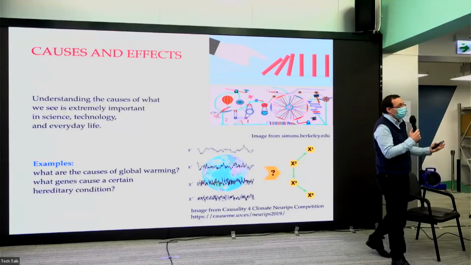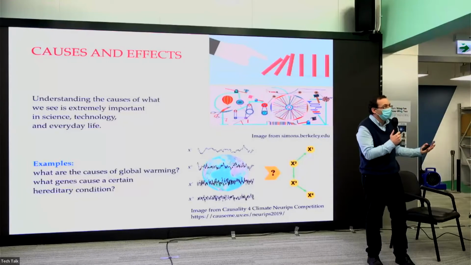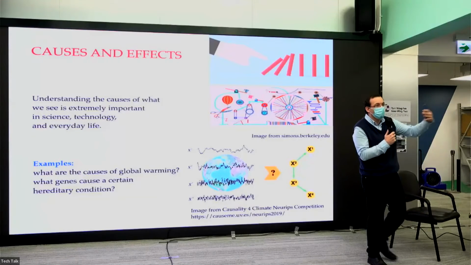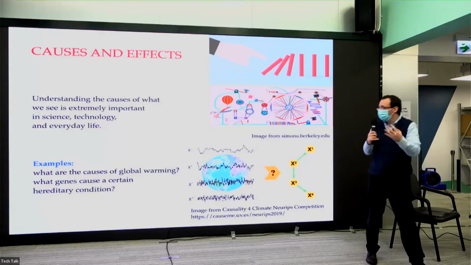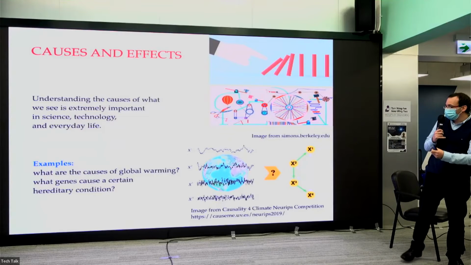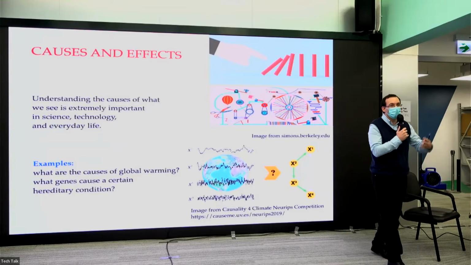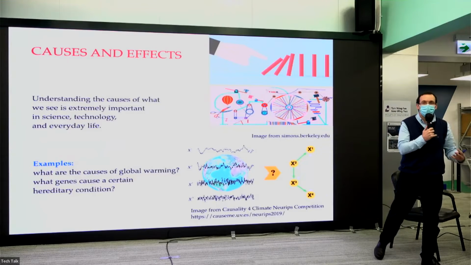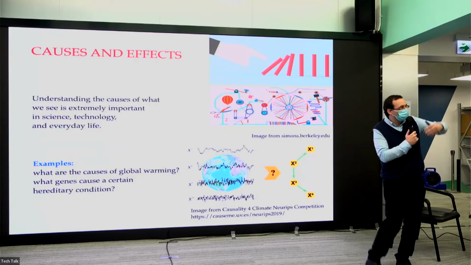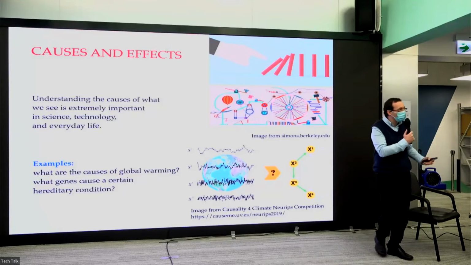And understanding when there is a cause and effect relationship is extremely important, both in science, in technology, and in our everyday life. Some of the questions that you may be familiar with are, what are the causes of global warming? Is it due to some human activities or to some fluctuations in the Earth environment?